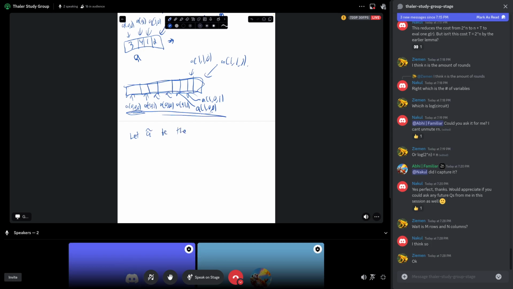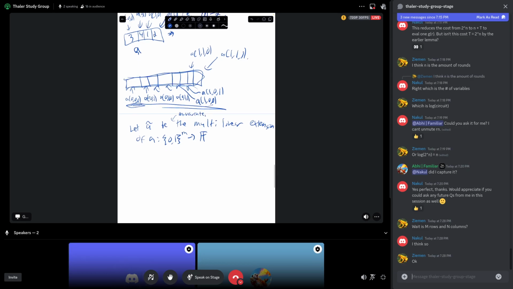So the multilinear extension of little a, because remember, little a we're now thinking of as a function whose domain is {0,1}^m, and so it has an m-variate multilinear extension.